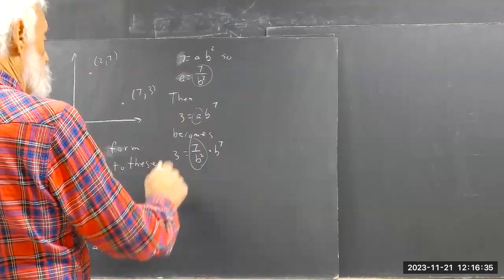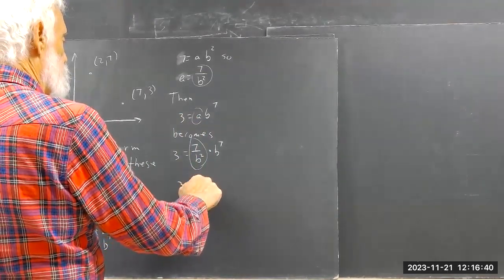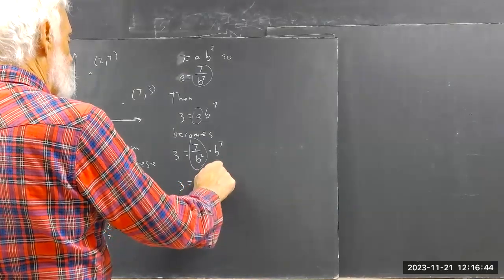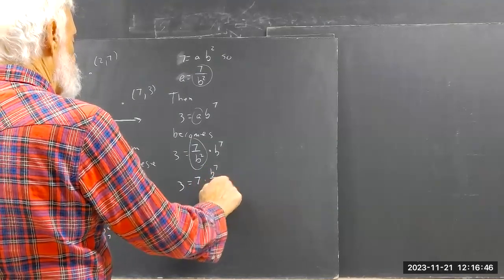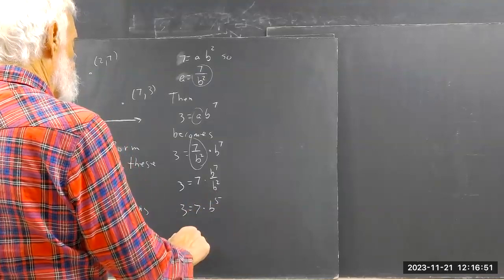So just plug it in here, and we get 3 equals 7 times b to the seventh over b to the second. So 3 is 7 times b to the fifth.